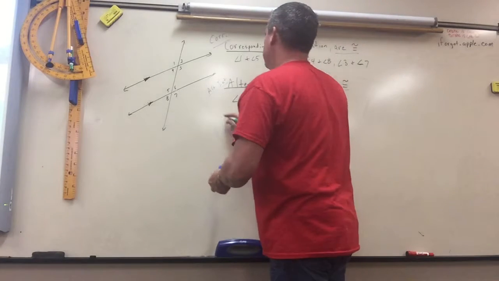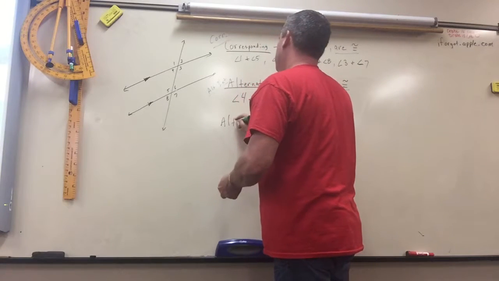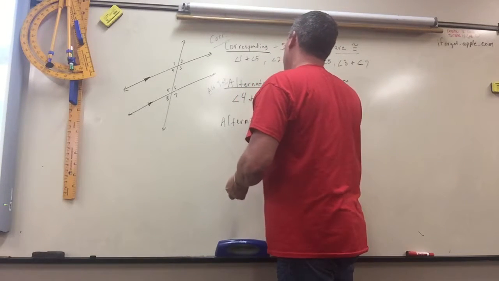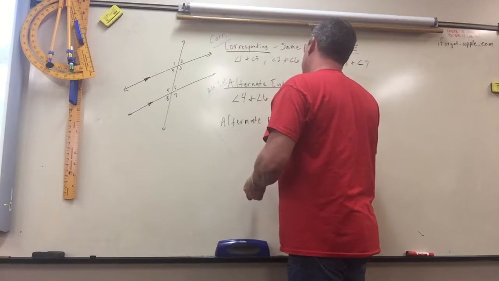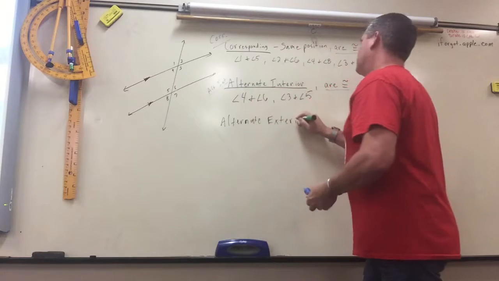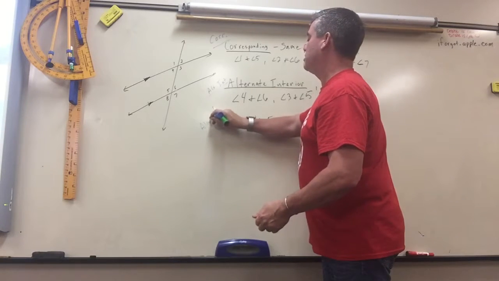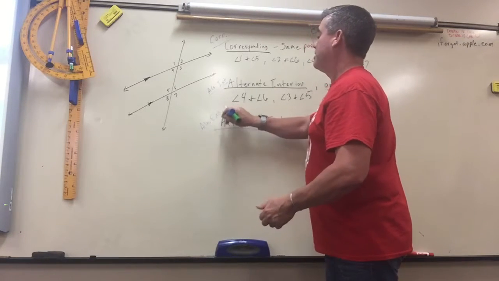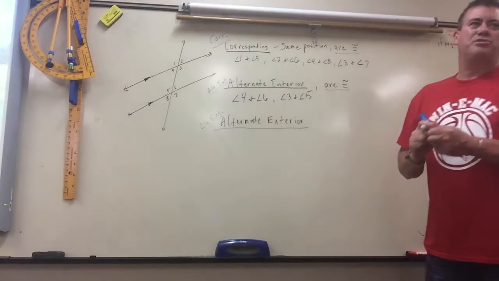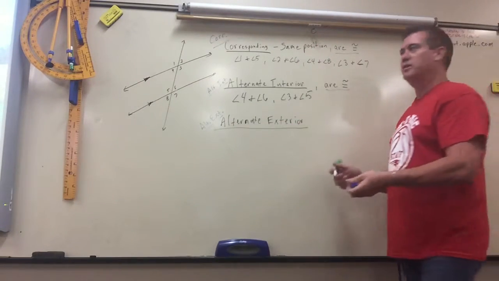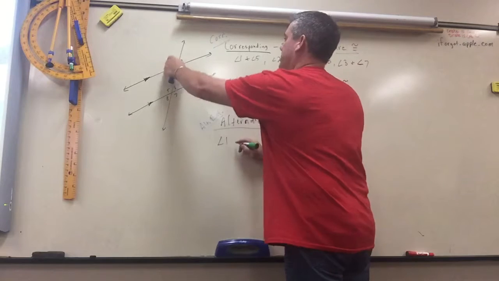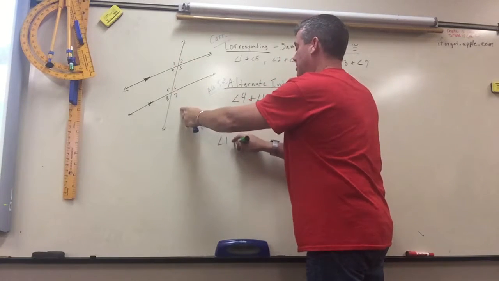Then there is alternate exterior angles, which you can just call alt ext. So it's the same idea as the alternate interior. Angle 1 and 7.